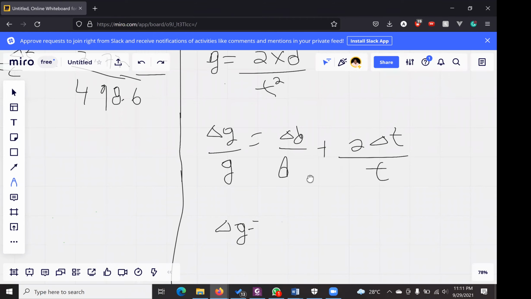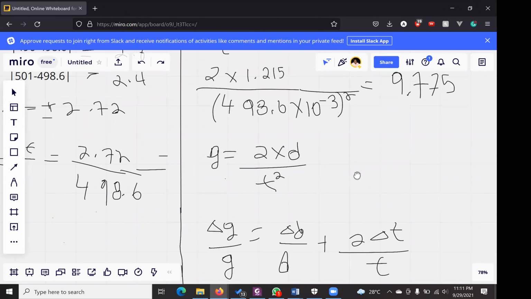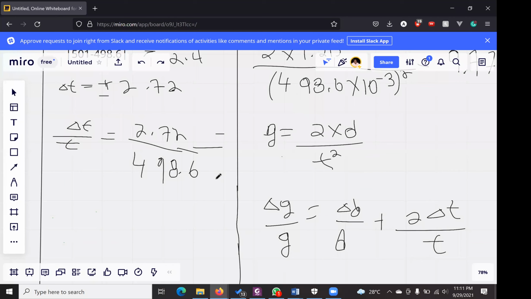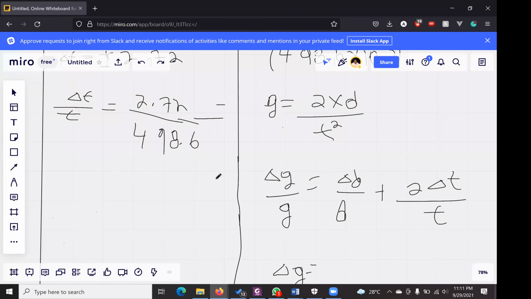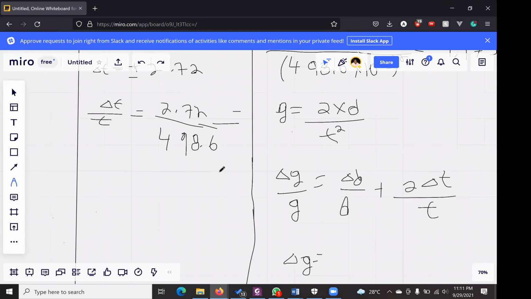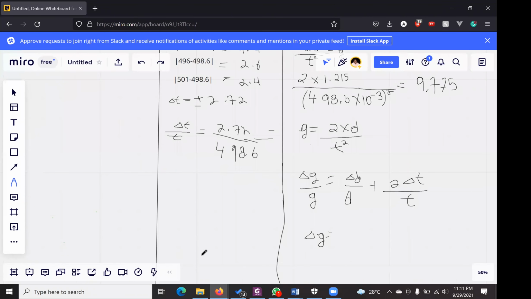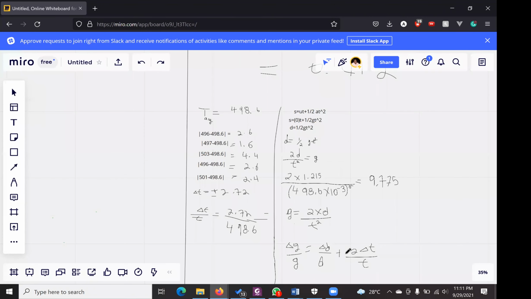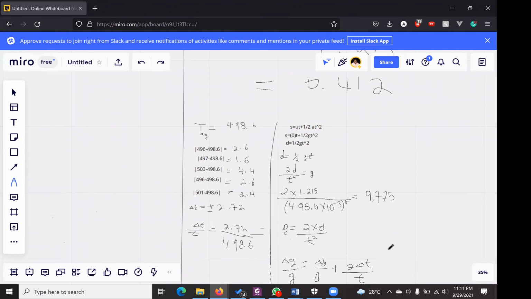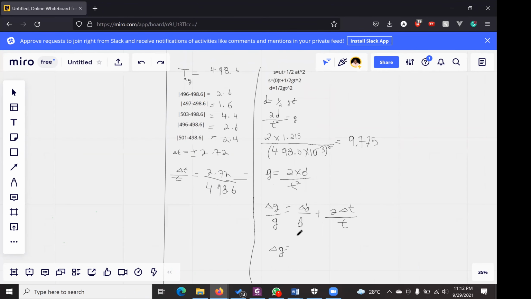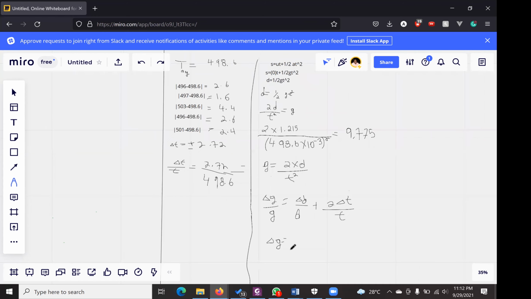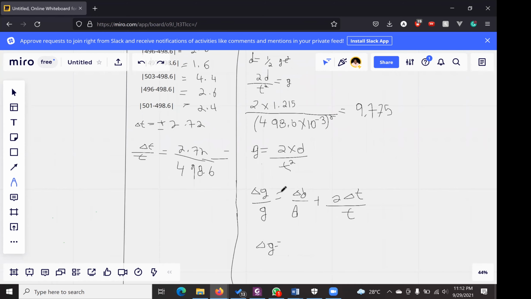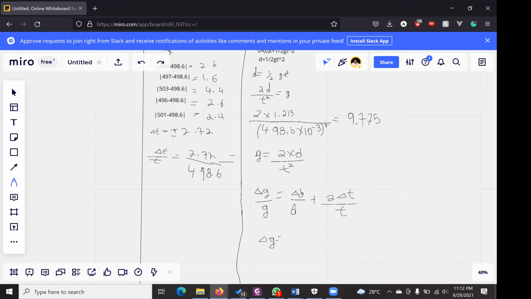So somebody tell me what we have for delta D over D. We did calculate it already. Did we? 0.147. Did we calculate delta D over D already? 0.147. Sure.